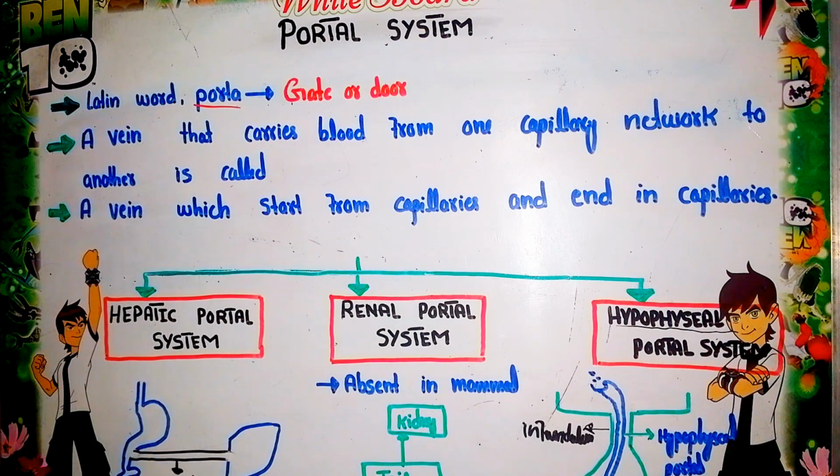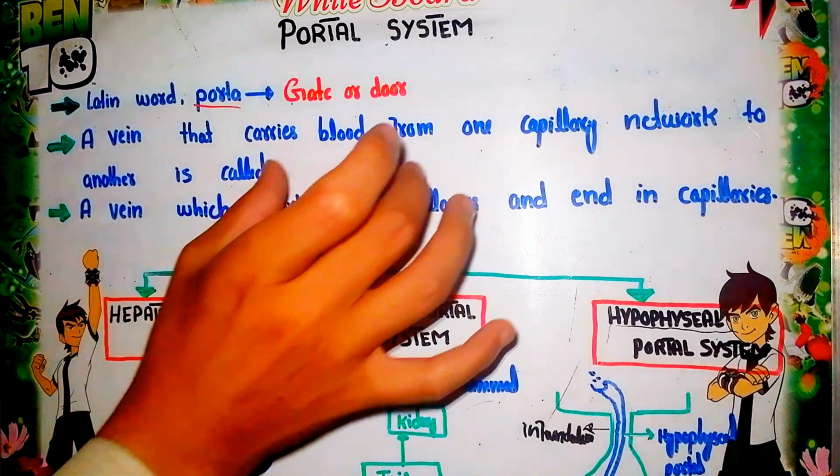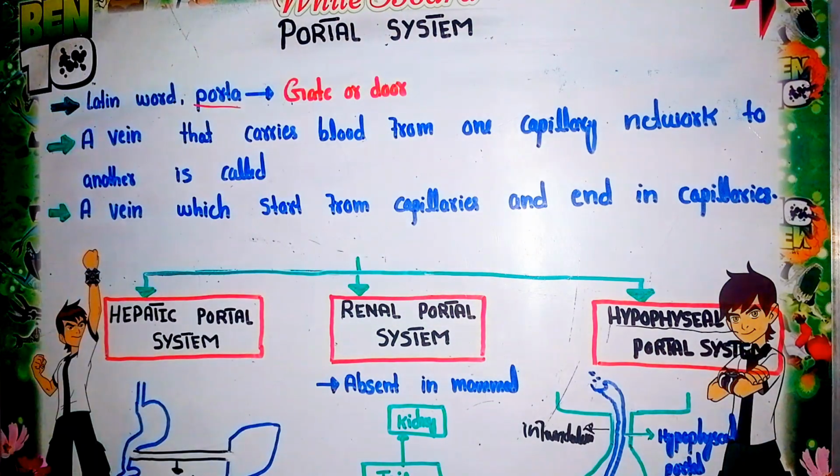Instead of going towards the heart, it enters another capillary bed. Such a vein is called a portal vein, because it carries blood from one capillary network to another, and this portal vein forms our portal systems.